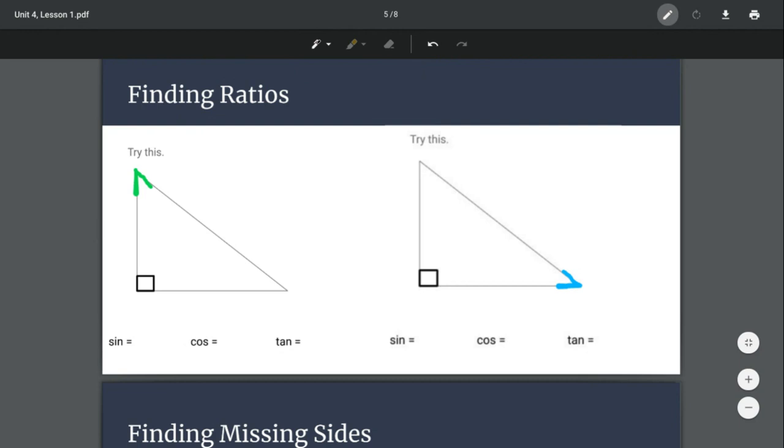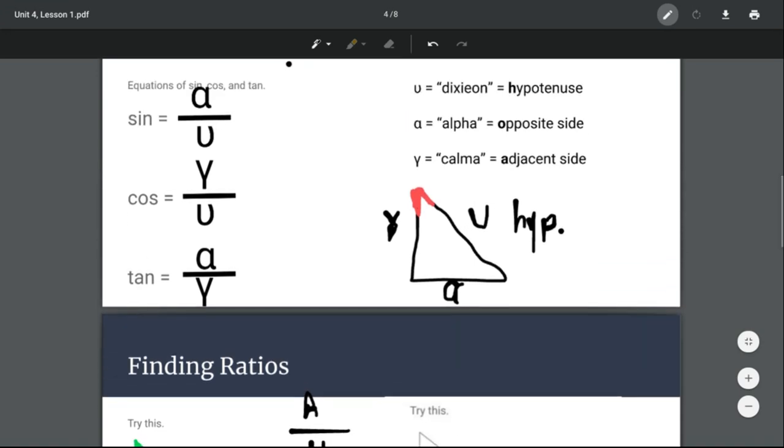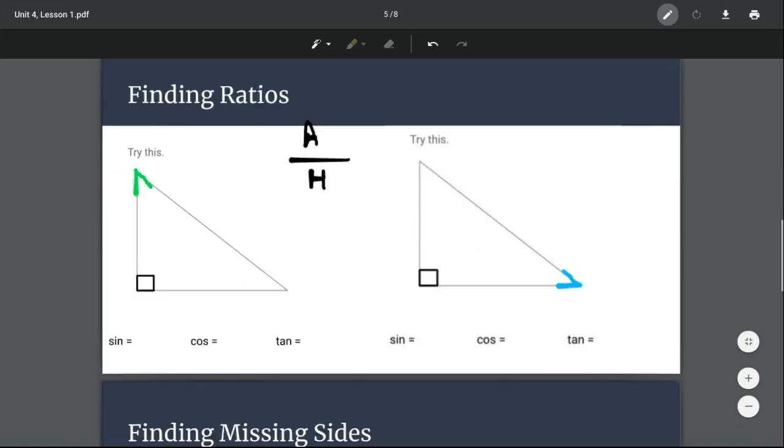So here's how you find the sine. When you're doing the sine, remember SOH CAH TOA. So that's going to be A over H, which is adjacent over hypotenuse. And if we go back to our Greek letters here, that is the alpha over the hypotenuse.